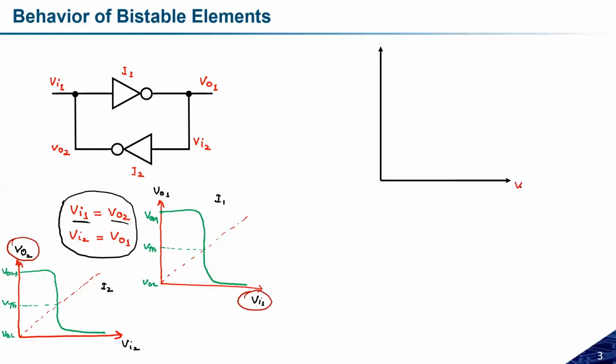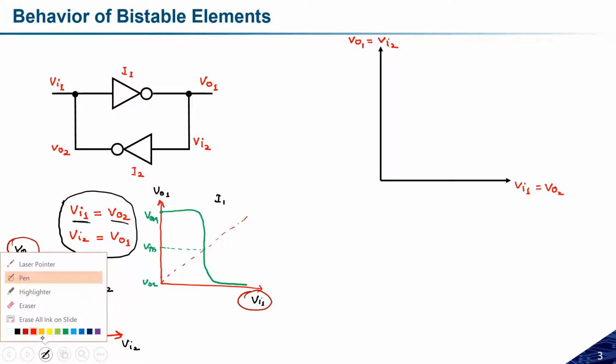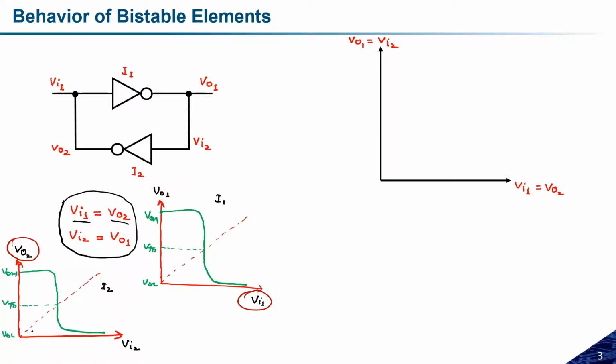This is the VI1, and this is the same as VO2. On the y-axis, this is VO1, which is the same as VI2. If we are able to make it like this, let us try to draw how the characteristics will look. Let me draw it.